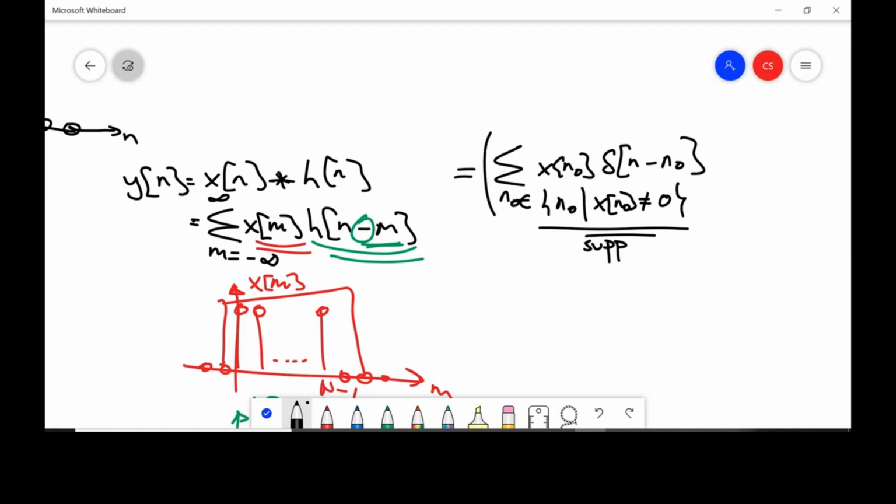Okay, so this is x, and now I have to convolve with my kernel. But this is the same as, okay, this one is a scalar, and this is a delta. So what I have is my kernel convolved with a lot of deltas.